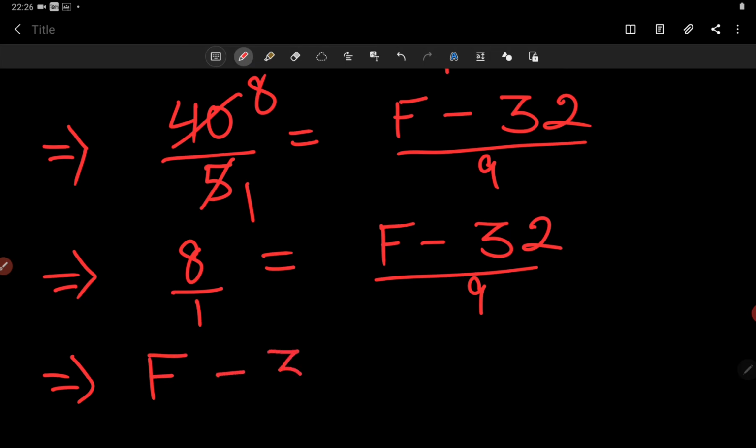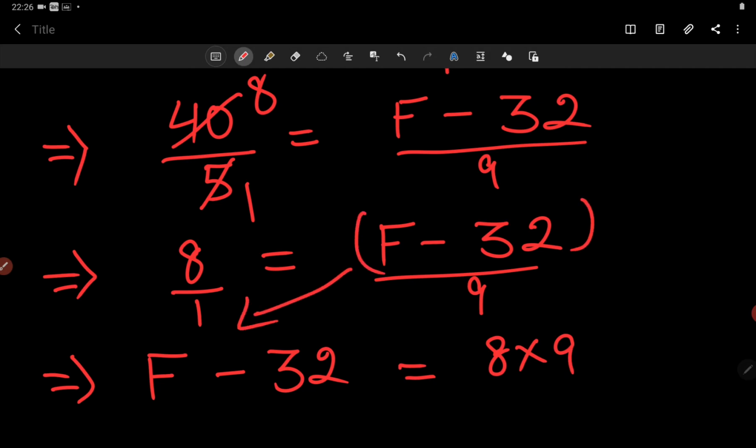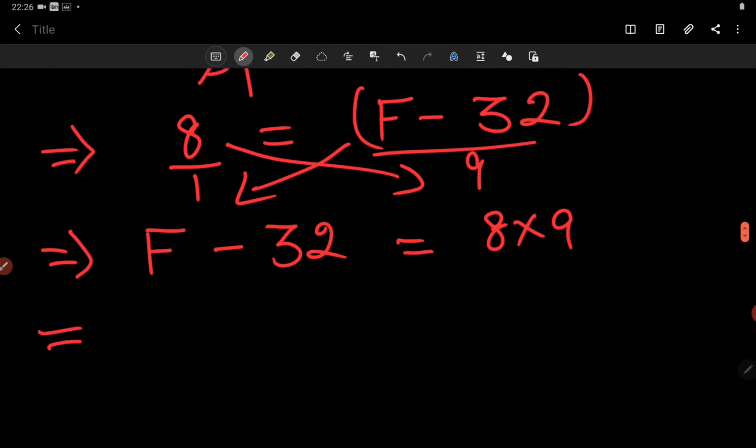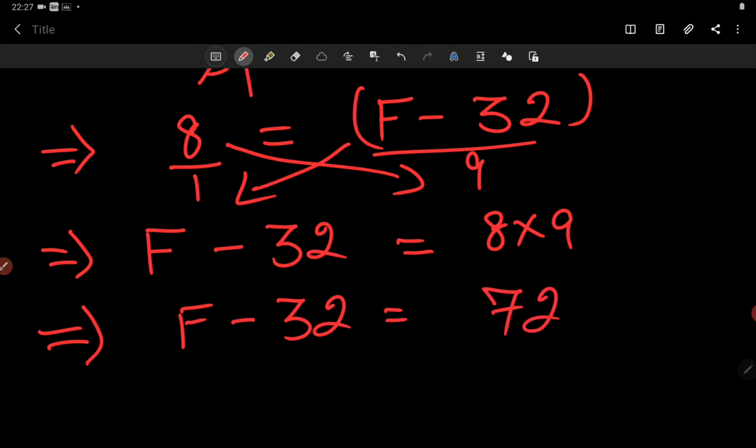After doing the cross multiplication, we shall get F minus 32 equals 8 into 9, because this whole thing here is multiplied by the denominator and 8 multiplied by the 9. Now for solving it, F minus 32 shall give me 72, right? Because 8 into 9 is 72.